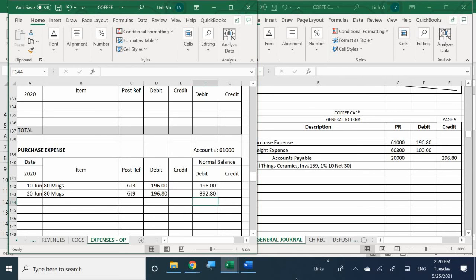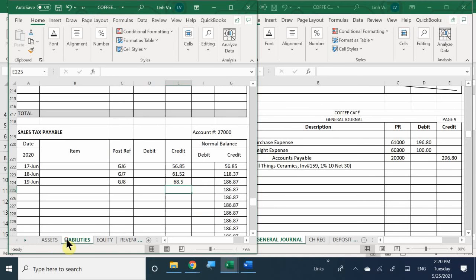And once we're finished there, we'll go over to liabilities, to accounts payable. Liabilities. Oh, I lost my mouse again. Okay, I probably have to change the battery soon. Liabilities.